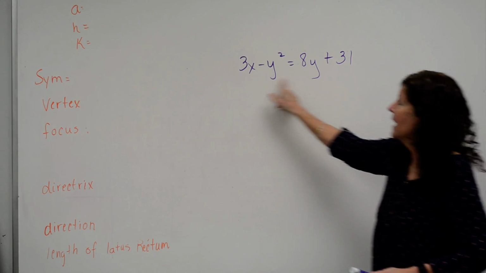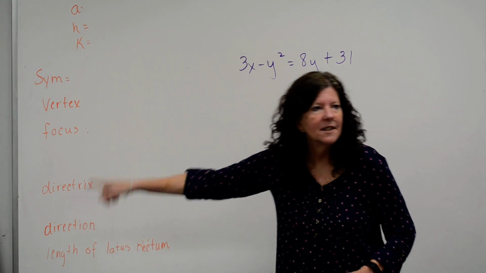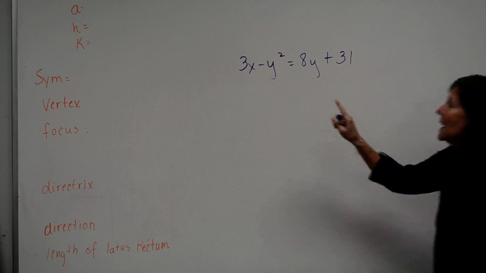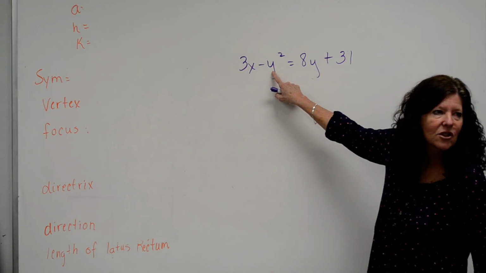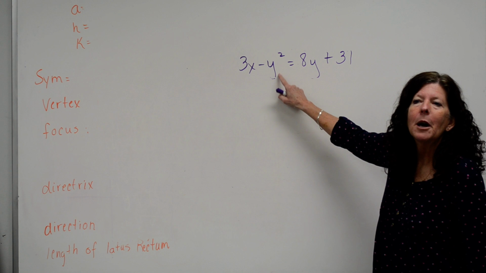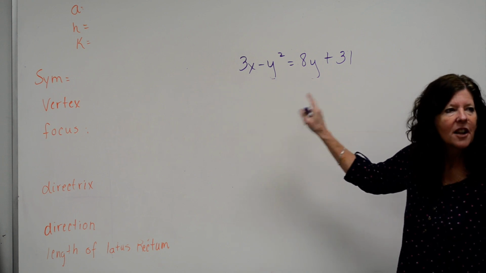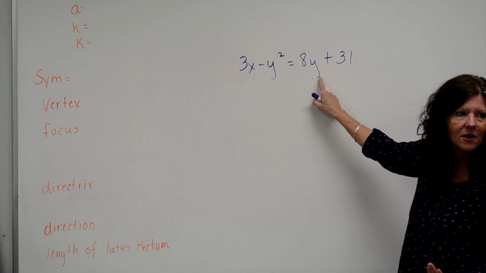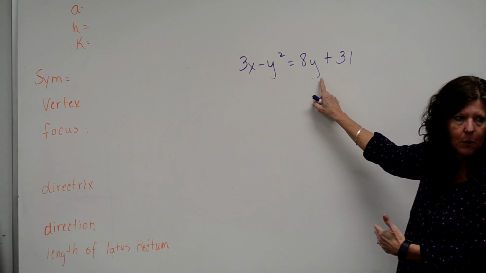Looking at this problem, do you think it's on the left-hand side or the right-hand side? You're right. It's on the right-hand side because the y is squared. Remember, I'm looking for the variable that is not squared. The variable that's not squared is my x. Yes, there's a y that's not squared too, but that's going to help me complete the square.